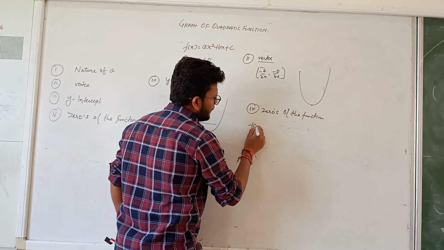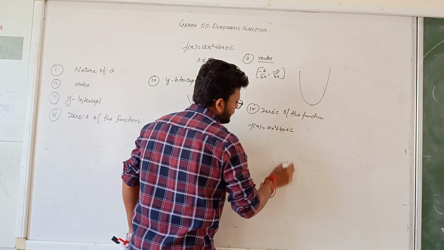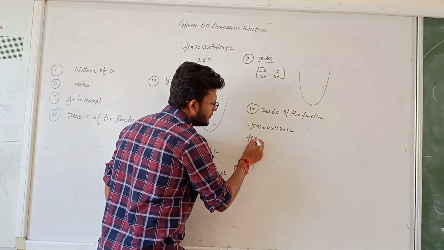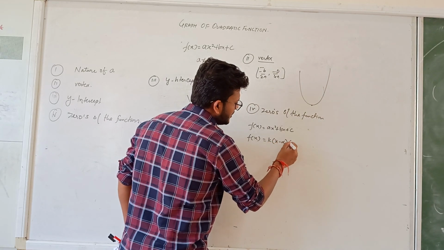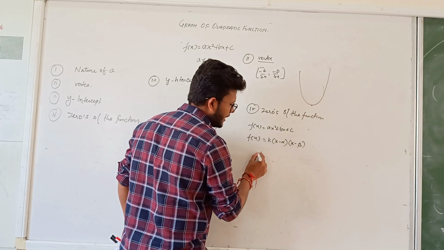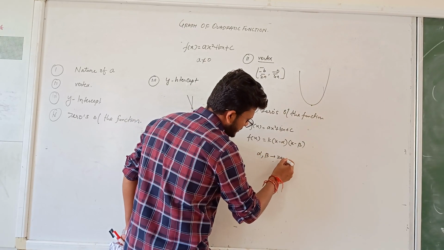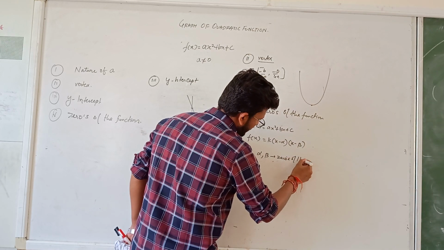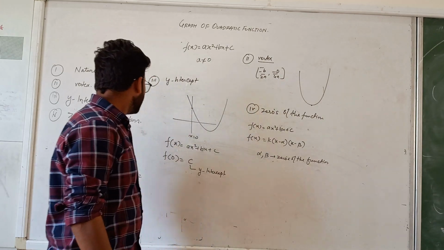Simply factorize the function. Let's assume alpha and beta are the zeros of the function. The function looks like (x - alpha)(x - beta), and alpha and beta are the zeros of the function.